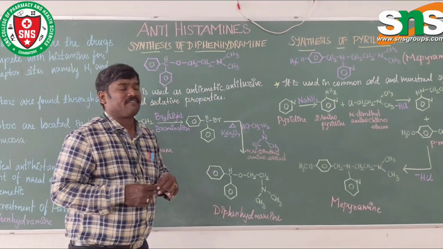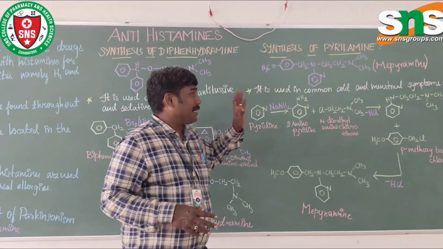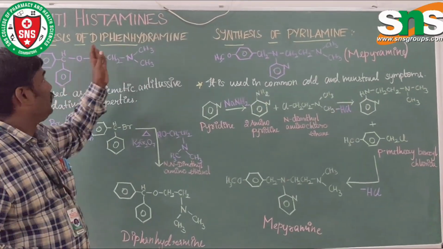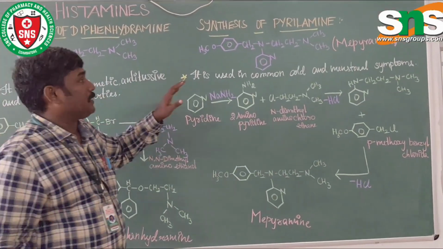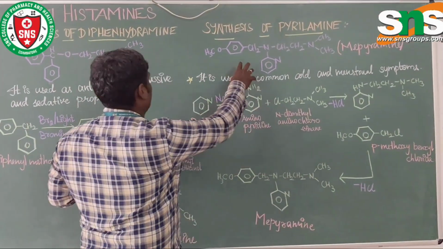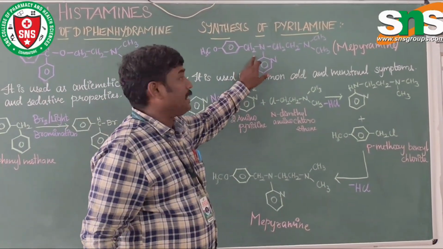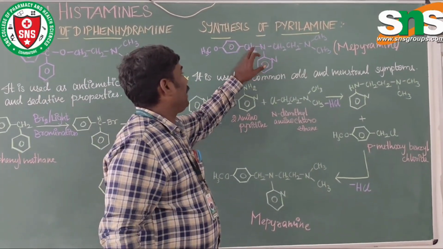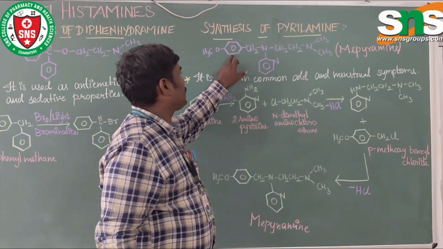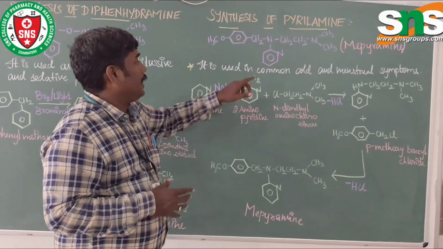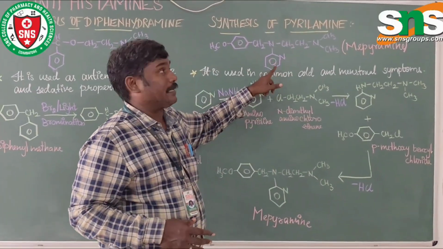The next drug is metpyramine. It has almost the same structure as diphenhydramine, but with a small change. Here, instead of CH, we will find CH2, C6H5OCH3, that is a methoxy group, and one pyridine will be attached.